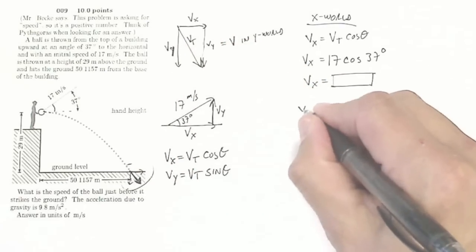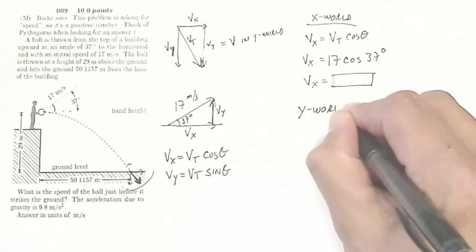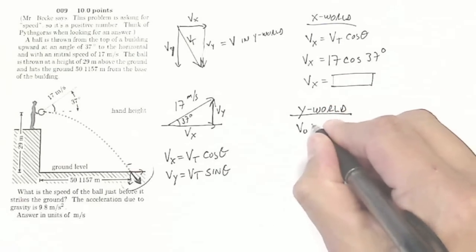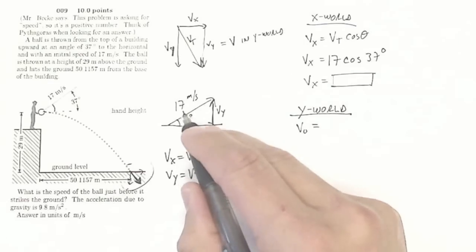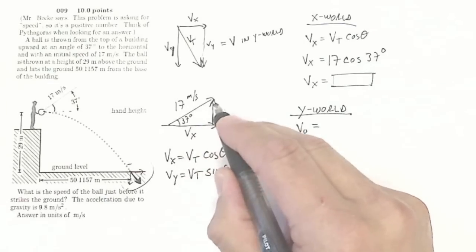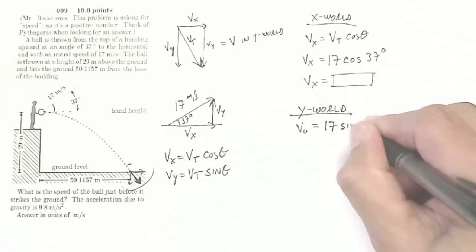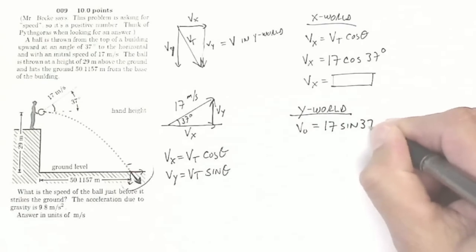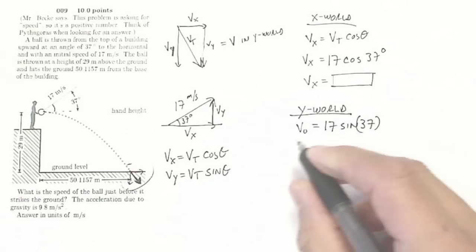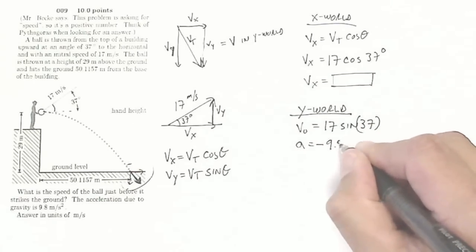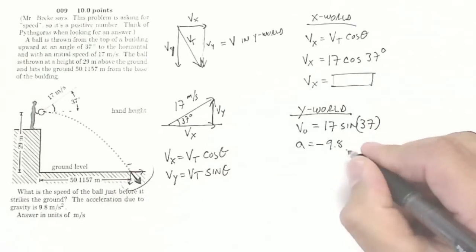Now let's look at the y world. In the y world, I have to find my final velocity. But I know that my initial velocity is going to be this one. It's going to be 17 sine 37. It's the y component of this initial velocity. So my initial velocity is going to be 17 sine 37. I know that my acceleration is going to be negative 9.8 meters per second squared.